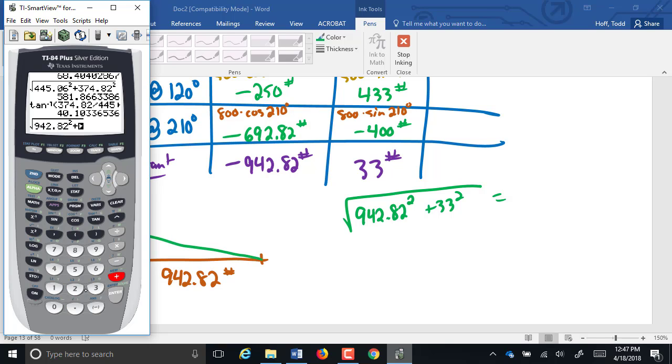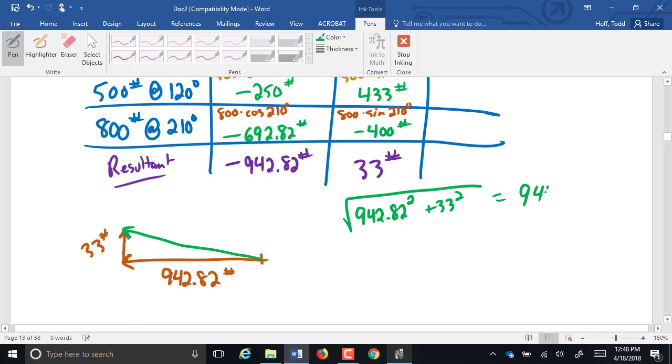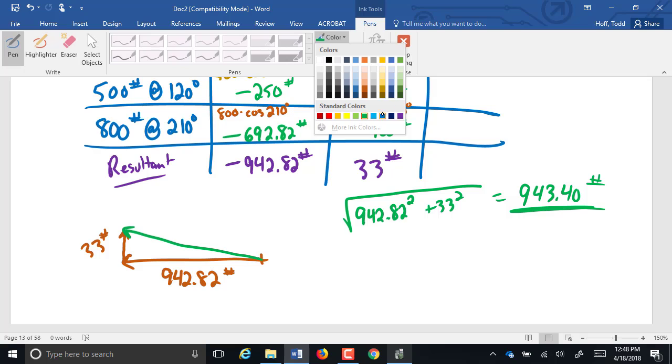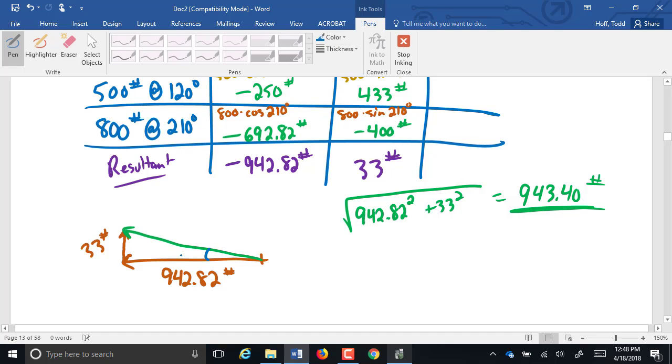When you square them, the negatives disappear anyway. 943.40 pounds is my magnitude. Now here, when I'm looking for direction, what I'm really going to be finding is a reference angle. How do I find that reference angle, theta? Inverse tangent of vertical over horizontal, good.